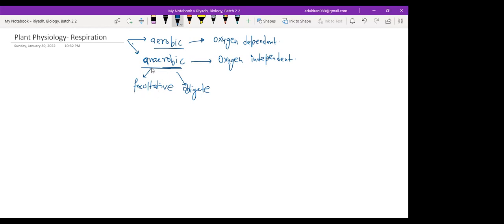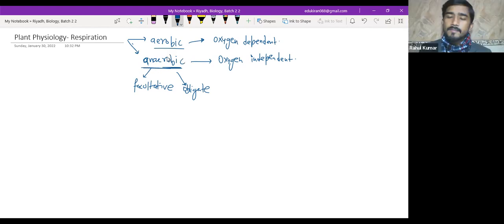If a bacteria is anaerobic, its respiration is not oxygen dependent, or happens in the absence of oxygen. But an oxygen independent process can still happen in the presence of oxygen. It will just not utilize oxygen.